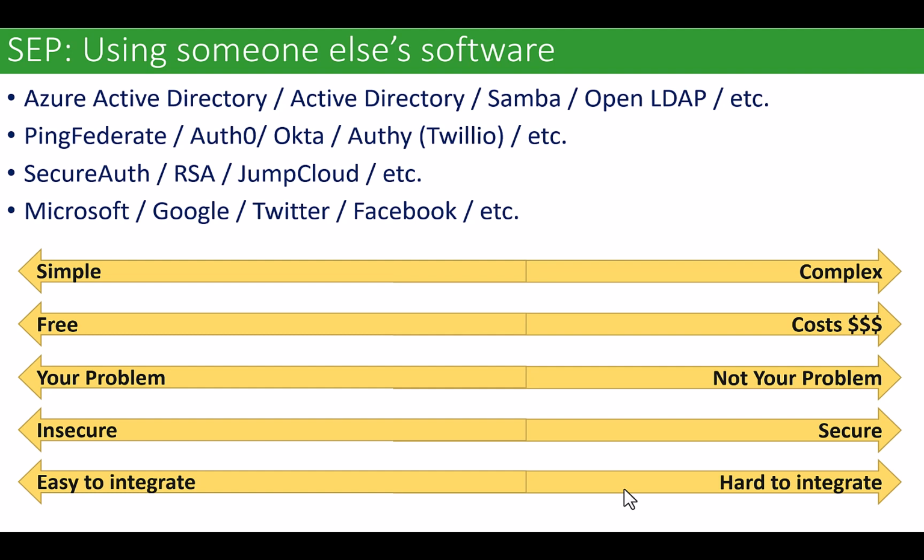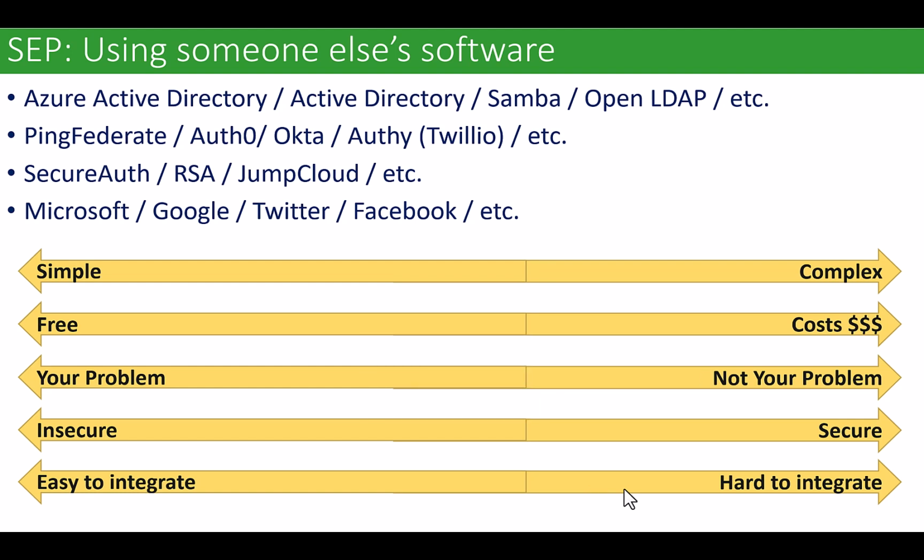And so for all of the somebody else's problem solutions, there are five kind of more this way or more that way sliders. Simple versus complex. Simple doesn't necessarily mean insecure. It just means not very flexible. Free versus costs money.